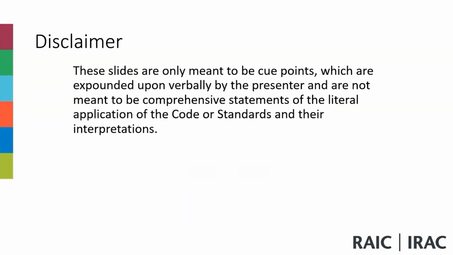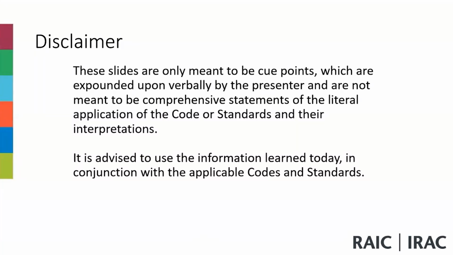Again, these are cue points which are expounded upon verbally, and you need to make sure you go back to the code and read the literal words and specification of the codes, and then refer to the standards that the code refers you to, and other code sections that the code statement provides, in order to make sure that you're applying the proper code provisions for your actual project conditions.